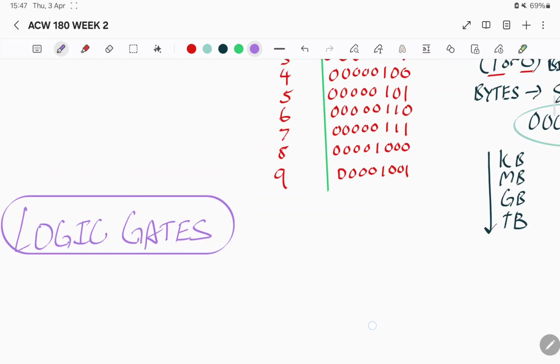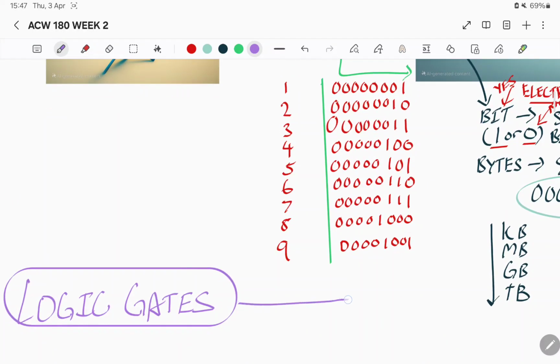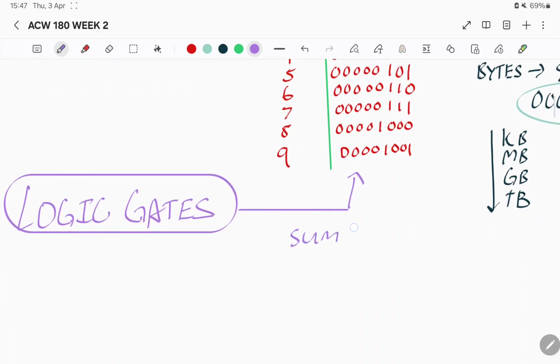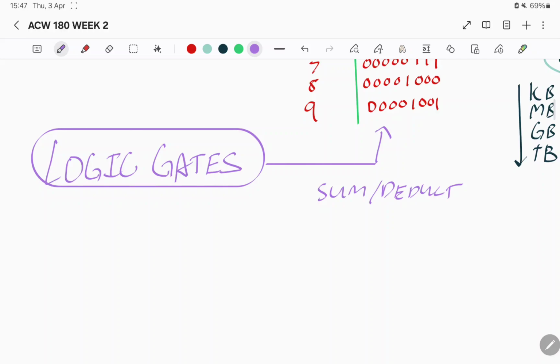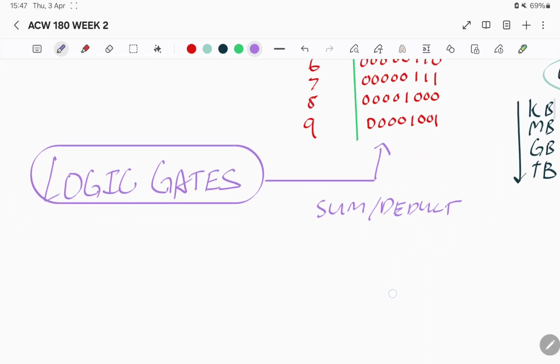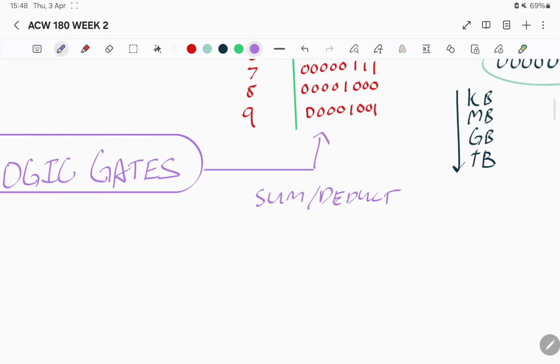We can compute, we can instruct the computer to sum, deduct, and so on. All right, multiply and divide. Logic gates are basically used to do complex computation.